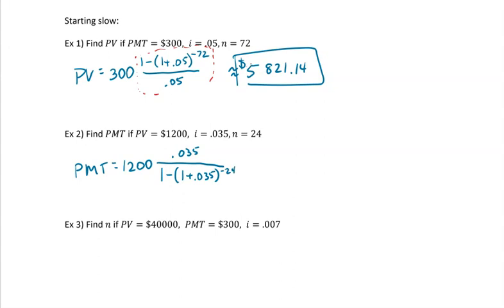And again, plug it into your calculator just like number 1. You should get about $74.73.